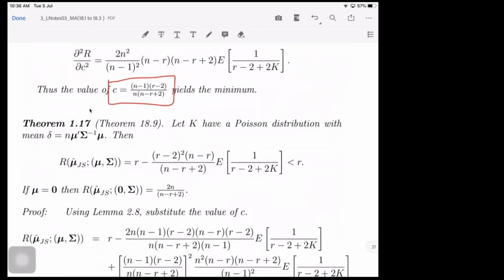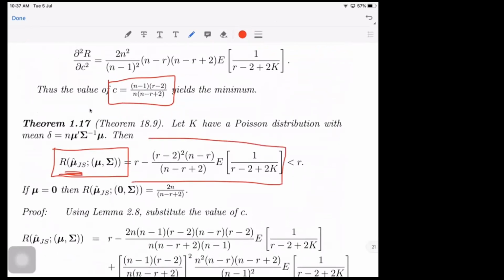And then the risk associated now when using your James Stein will be equal to this, but since this is a positive term, then it will be less than R. And when mu is 0, the risk associated when using this is just 2n over n minus R plus 2.